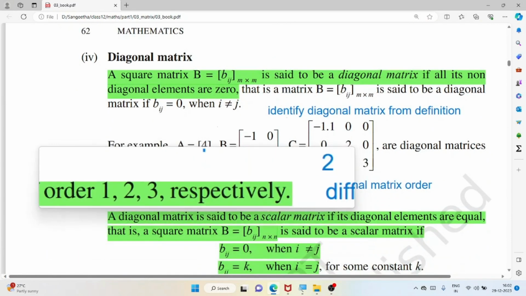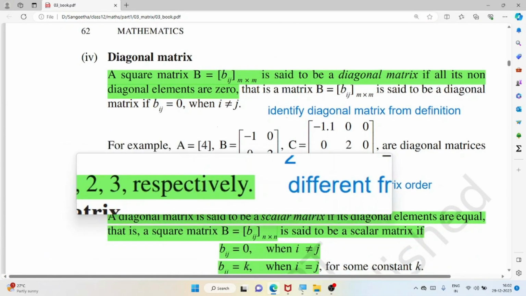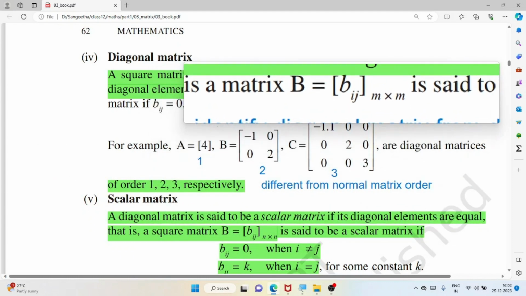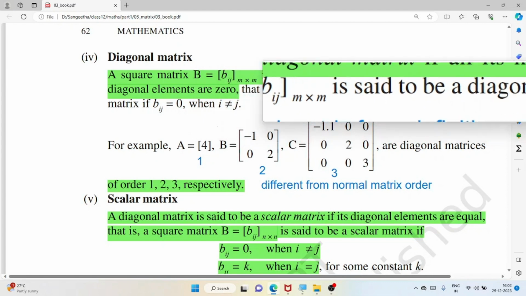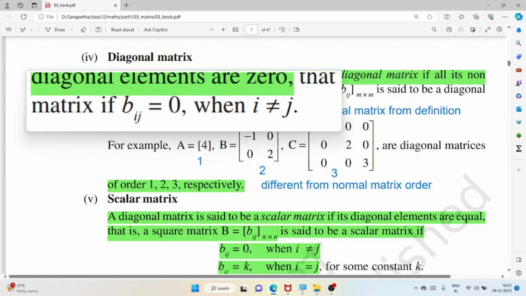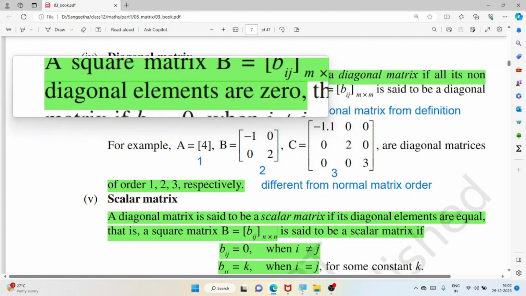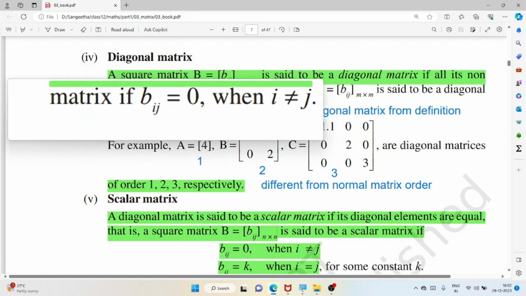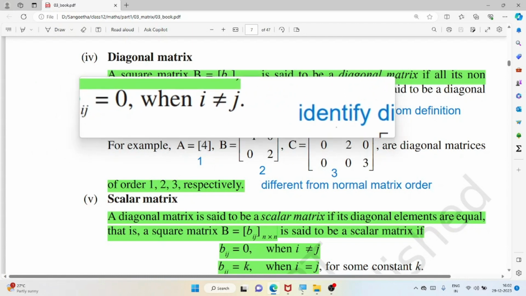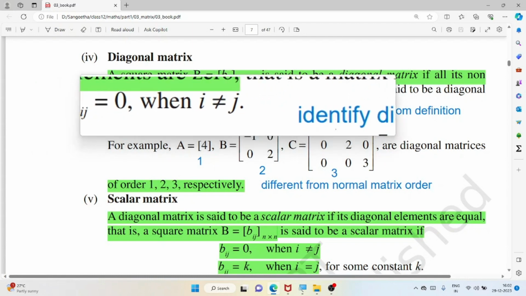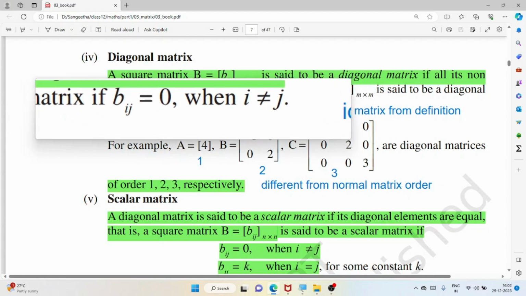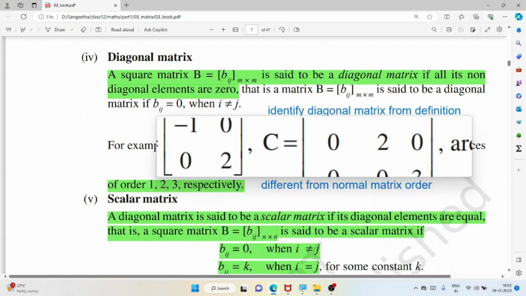Diagonal matrix. What is a diagonal matrix? The important thing: if the definition is given like this, Bij of order m cross n is said to be diagonal. They have mentioned diagonal, but if they give this matrix with the condition Bij equal to 0 when i is not equal to j, that is, when row number is not equal to column number, those elements are 0, but when i equal to j, there will be a number like this.